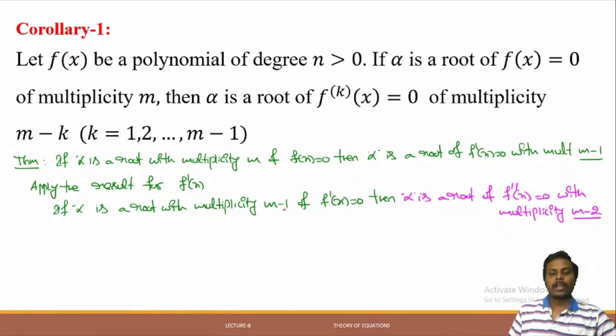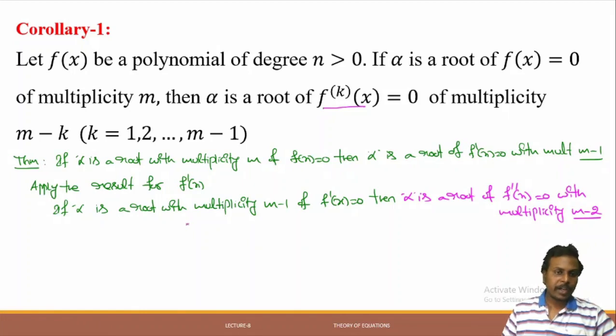So in this manner, if you apply repeatedly, we will get alpha is a root of the kth derivative of f of x with multiplicity m minus k actually.